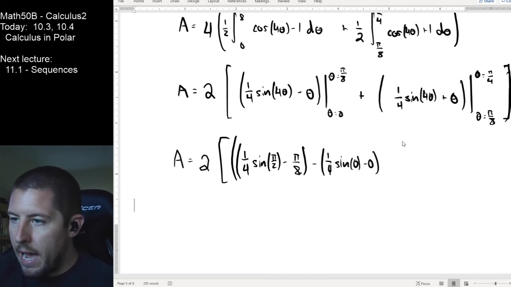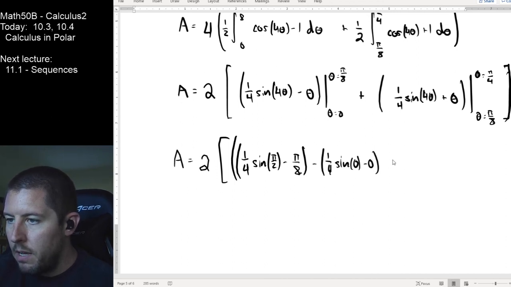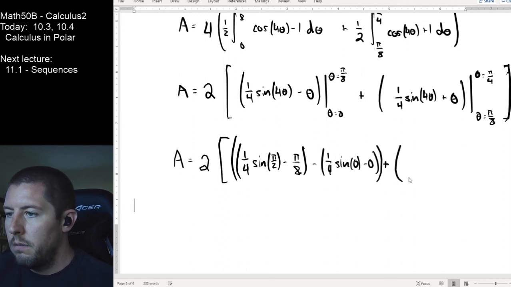Come on, pen, you've got to be able to keep writing here, buddy. We still have a ways to go. On our second grouping, our upper bound is pi fourths, so we're going to get a total of pi in there, minus the lower bound at pi eighths.